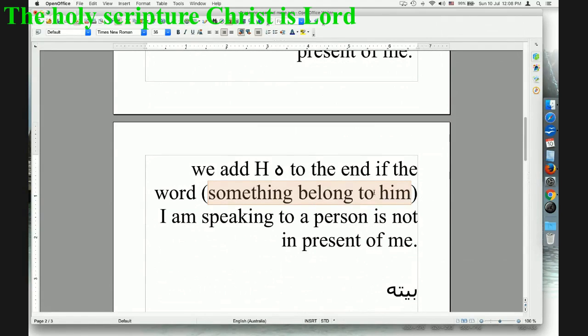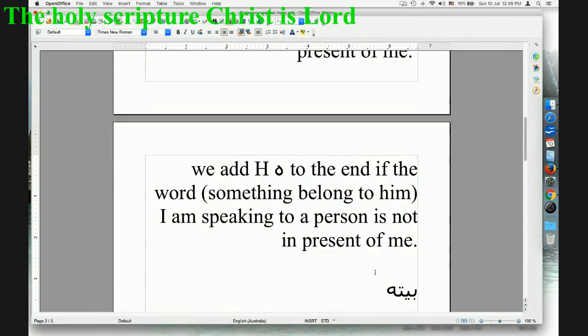I'm talking to you about him. I hope my explanation is clear. This is why I'm adding ha at the end. Let us see some examples of adding ha at the end.